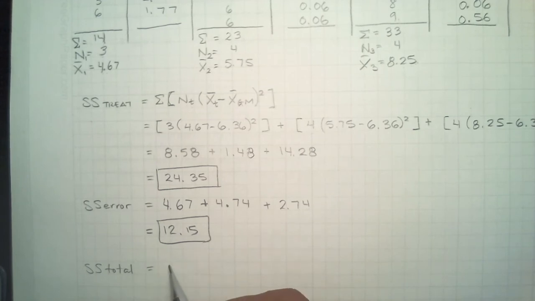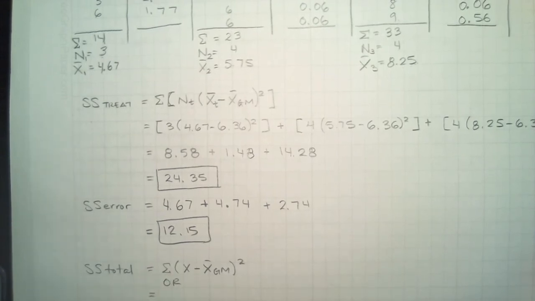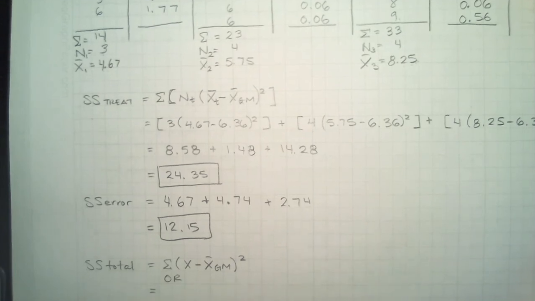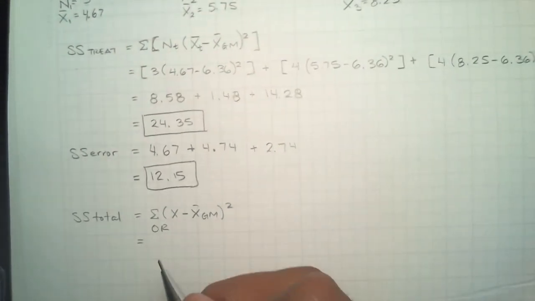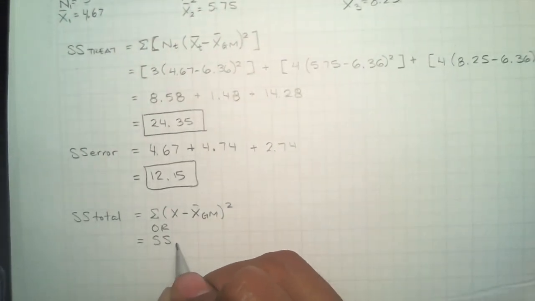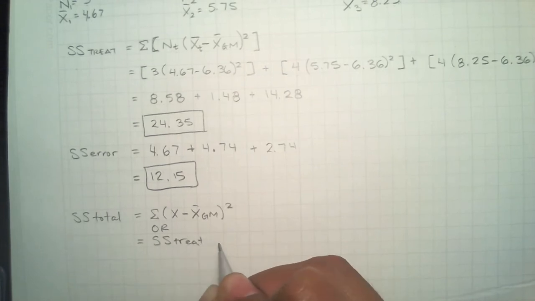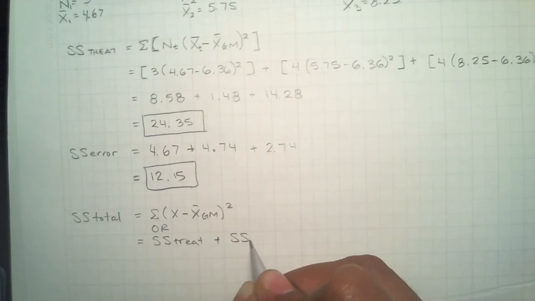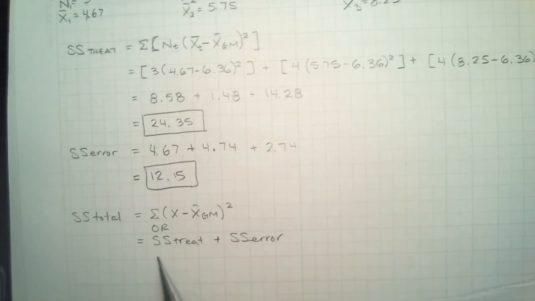The formula for SS total is the sum of all individual scores minus the grand mean, and we square that. Or what I prefer to do is actually get the SS treatment plus the SS error. That will equal to my SS total.